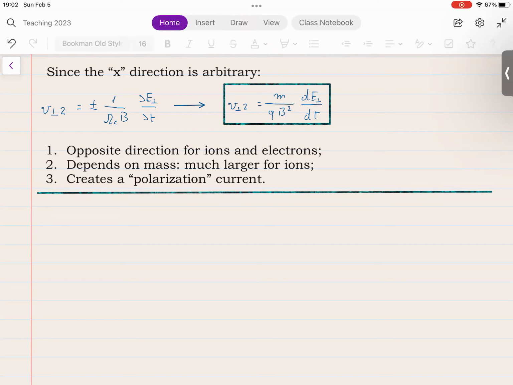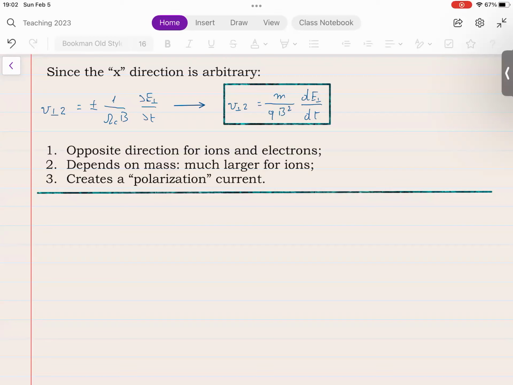I'm not going to go in detail into some of the other drifts that can be written.